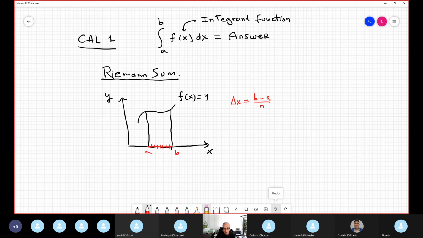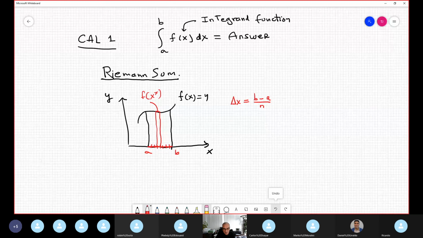I don't know if I do the partition using 4 values, 20 values, 200 values, but basically I take in each interval a rectangle. And the height of this rectangle is f of x, evaluated at one specific point between this and this, which I call x star. Yes, I put star, weird, because it's completely arbitrary.